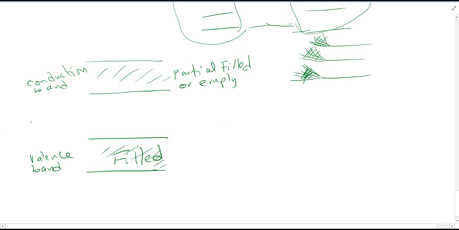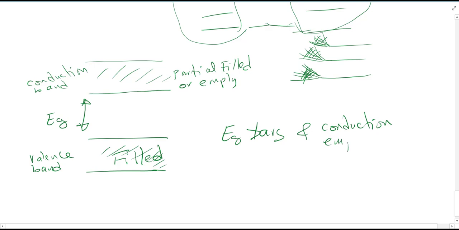The gap in energy between the bands is what determines the type of material you have. If the Eg in this case is large and the conduction band is empty, then there is no way under normal thermal agitation to have enough electrons in here to cause electrical conduction.